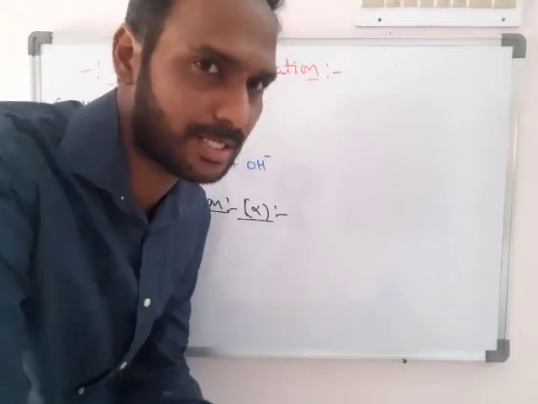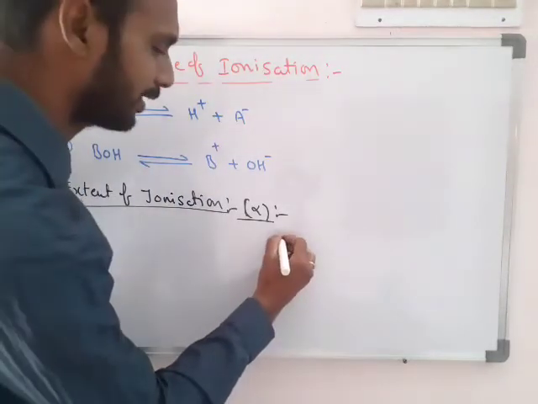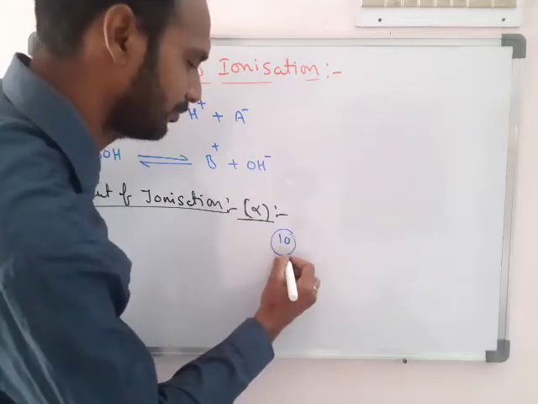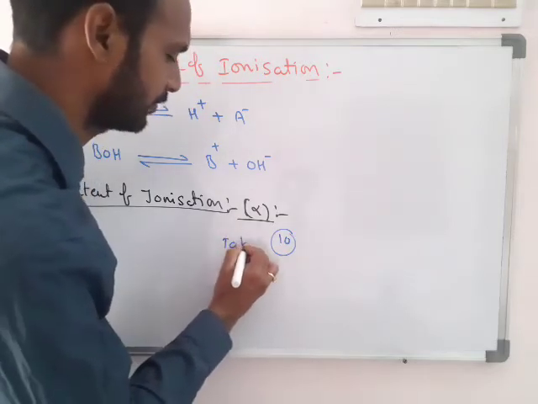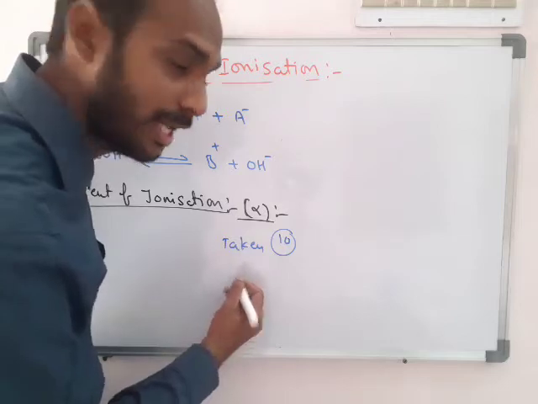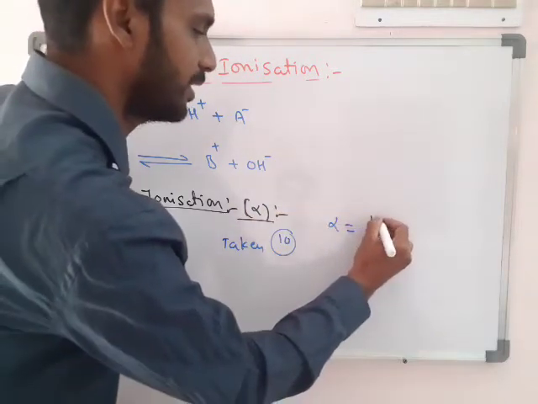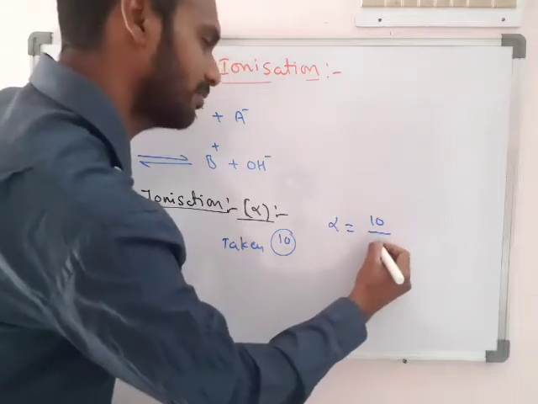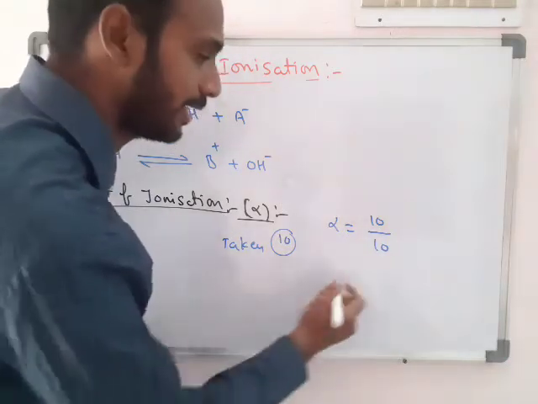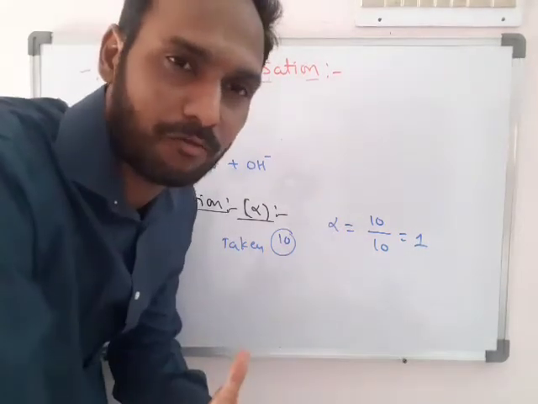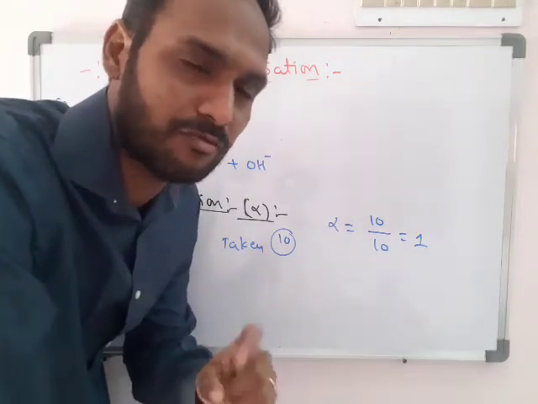For example, if you take 10 molecules, and all 10 molecules are dissociated, then what is alpha? 10 molecules are dissociated and 10 molecules are taken, so it equals 1. It means the maximum value for alpha is 1.